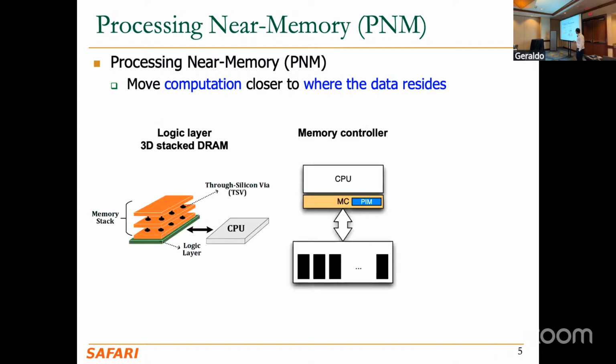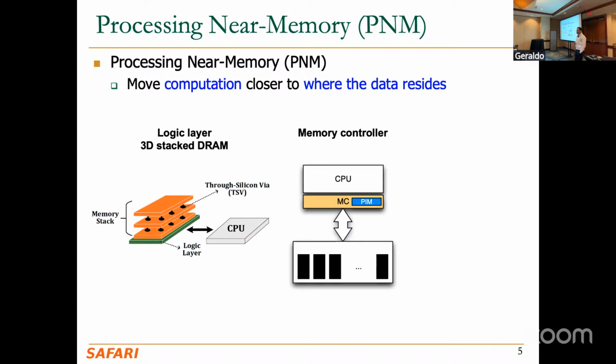So there are different ways in which we can integrate those processing near memory architectures in your memory subsystem. And depending on the way that you decide to design the architecture, you're going to have different design constraints. One example that was quite popular around 2012 to 2015 was using a logic layer in 3D stacked memories to develop processing near memory architectures.